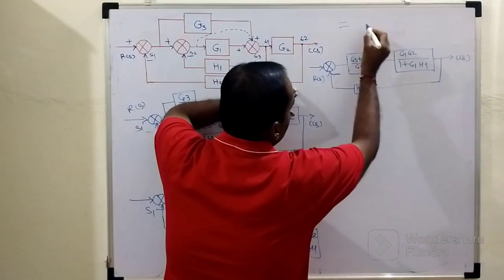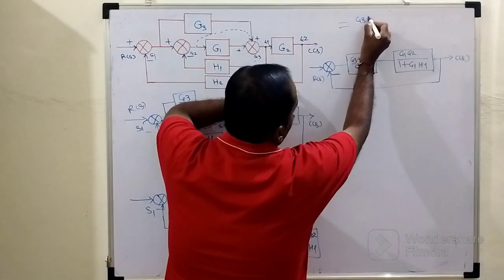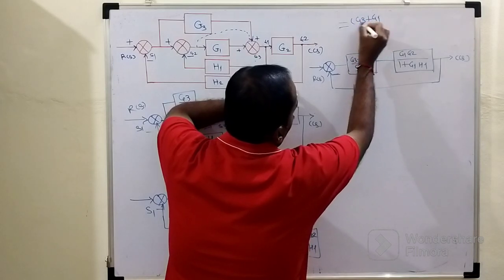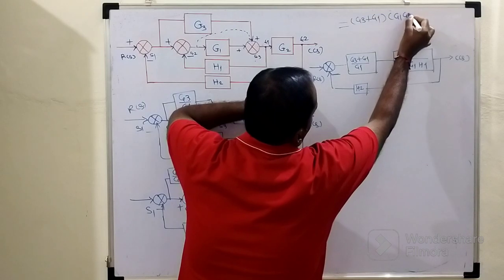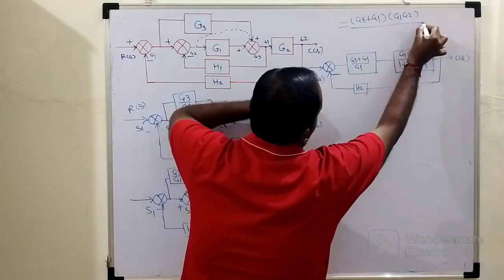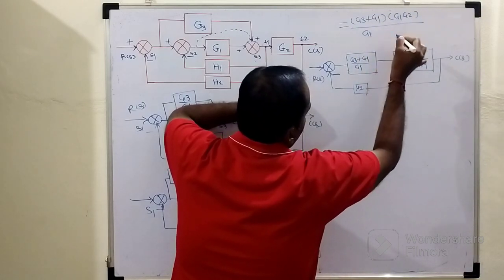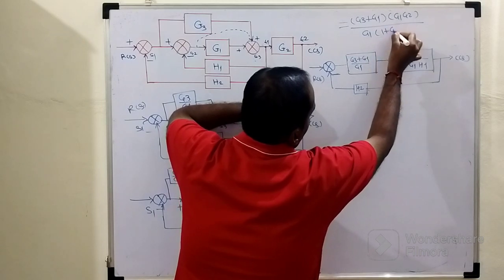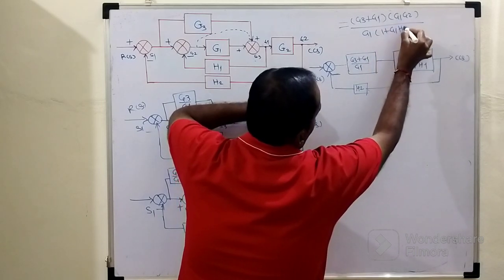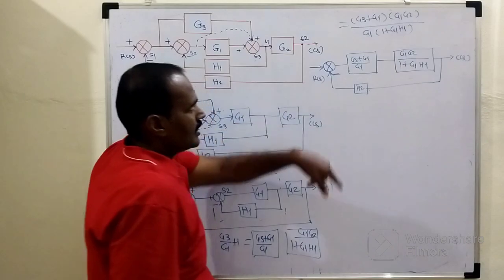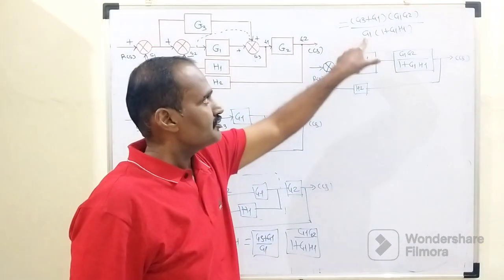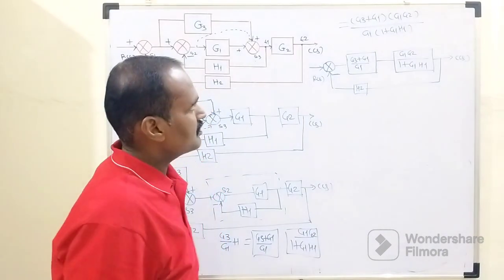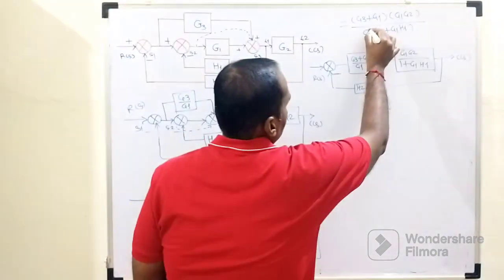So obviously these blocks are connected in series form, so their gains are multiplied. As a result, it will become, here I will write (G3 + G1), I will put this thing in one parenthesis. The remaining thing is G1 into G2, this whole term divided by G1 times (1 plus G1 into H1). Why? Because these 2 blocks are connected in series form, so their gains are multiplied. Further, we can mathematically simplify this.